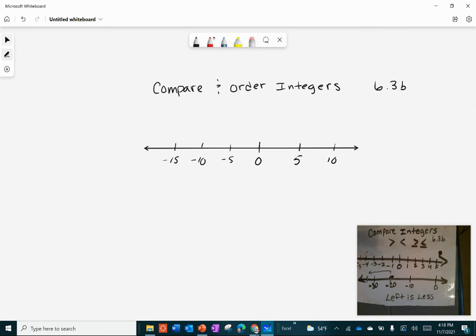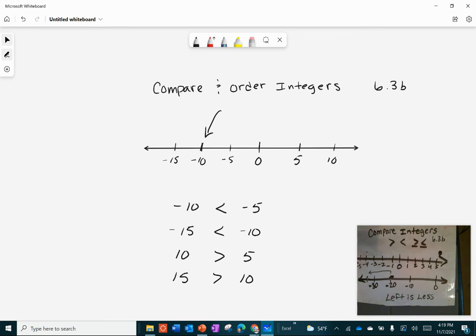So negative 10 and negative 5, negative 10 is smaller. So negative 10 is less than negative 5. Negative 15 is less than negative 10. But positive 10 is greater than positive 5, and positive 15 is greater than positive 10. So with negatives, it's a little bit different.